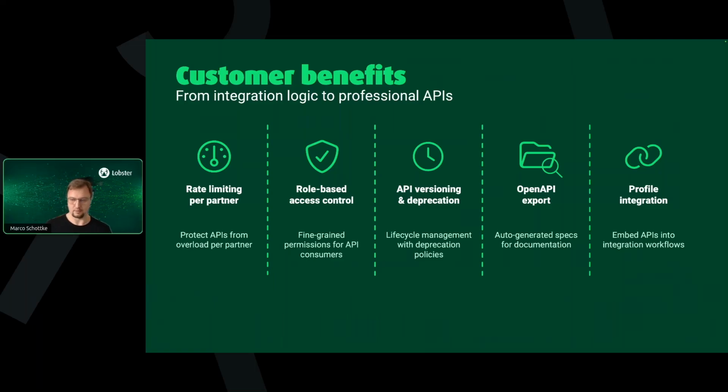Full lifecycle. That means role-based access control, versioning with deprecation notice, OpenAPI export, and rate limiting per partner channel. And the last one matters more than it sounds at first, because most platforms let you rate limit on an API, but not on a channel itself. So picture the following situation. You have an API exposed to all your trading partners.